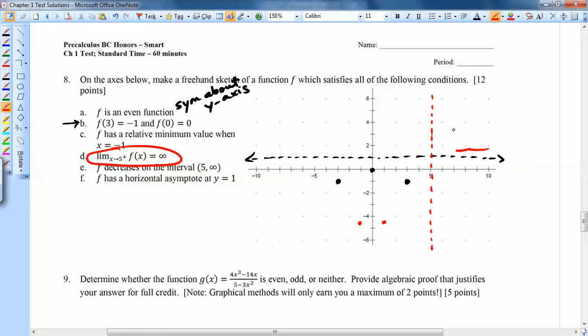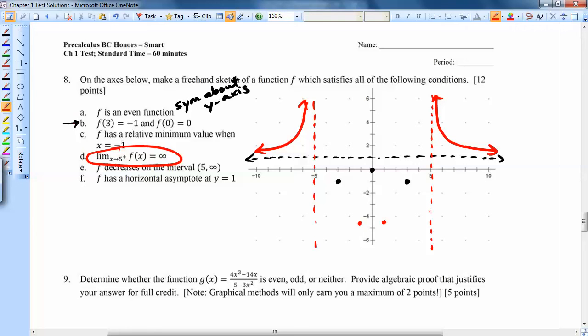Okay, so let's draw a couple different versions of that. Maybe it looks like this. Maybe it looks like this, right? But remember, I have to have that asymptote at 1. So probably a good choice would be that. And remember, if I do it on the right side of the graph, I have to do it on the left side of the graph too, because it's an even function. Okay?